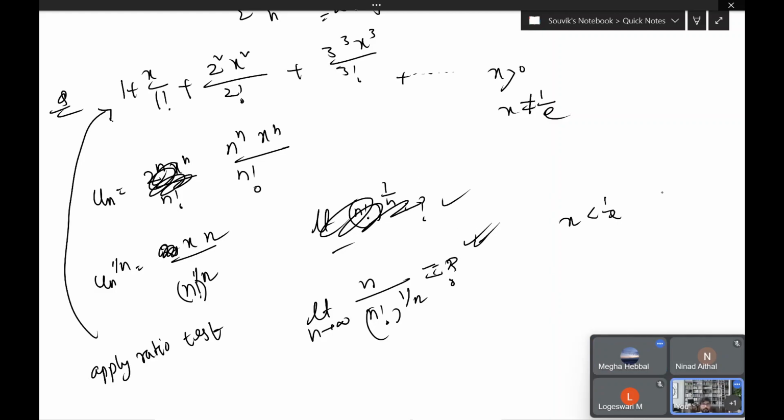And if x is greater than 1 by e, it is divergent, right? Yes, sir. Okay, very good.